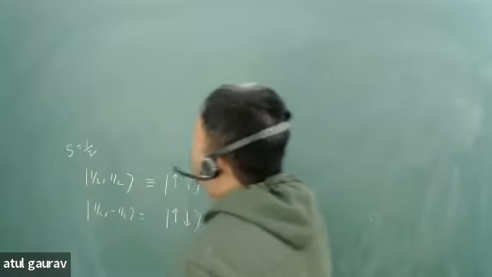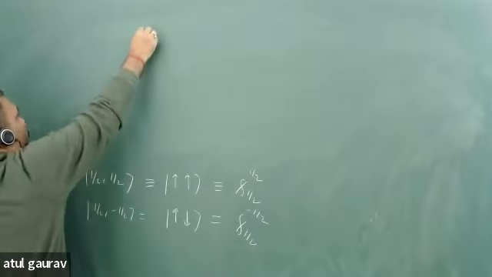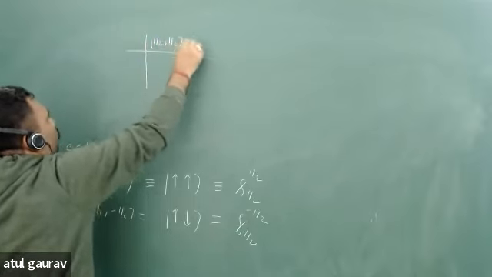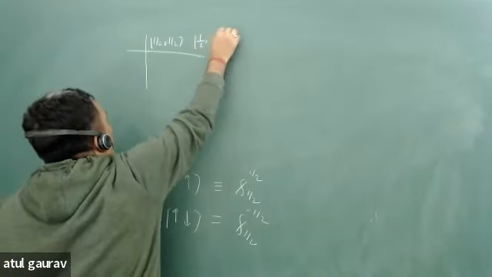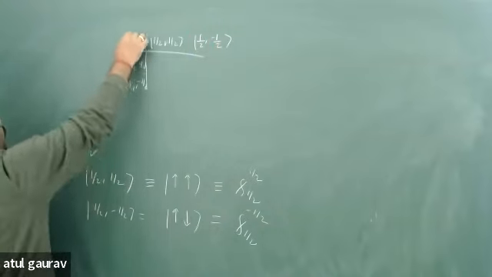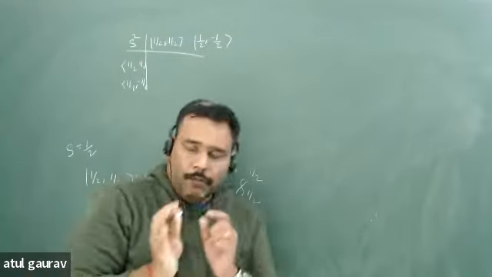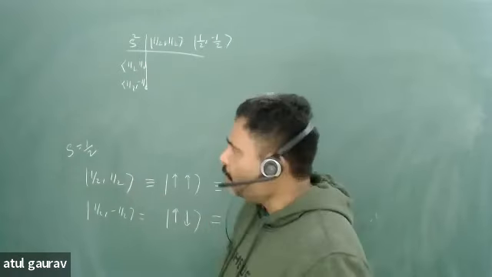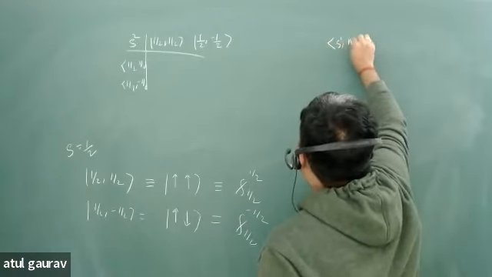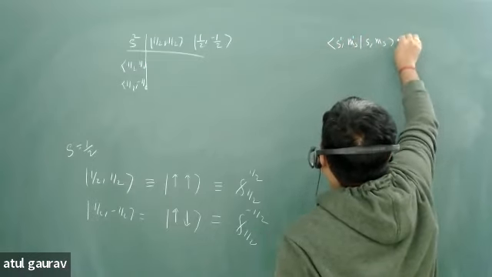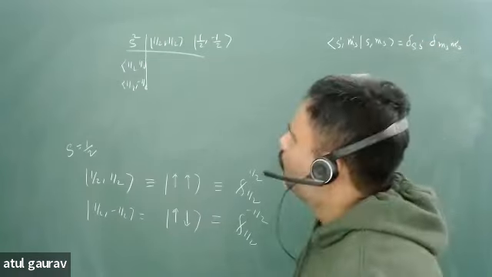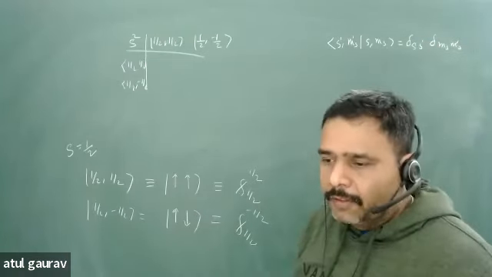Now let's try to go for the S square operator first, and we are writing in a basis of half half, half minus half, and half minus half. This is your S square operator. So we want to represent them as a 2 cross 2 matrix. We have learned all this. And obviously you have the bra-ket of S' MS' with S MS equal to delta SS' delta MS MS'. So the same orthogonality is there, but here S is fixed because we are just talking about a spin half particle.